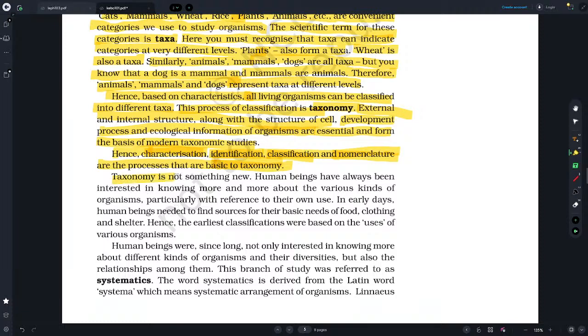Taxonomy is not something new. It's not something we in the modern era have found out. It has been, even if not realized, coming from the ancient days.